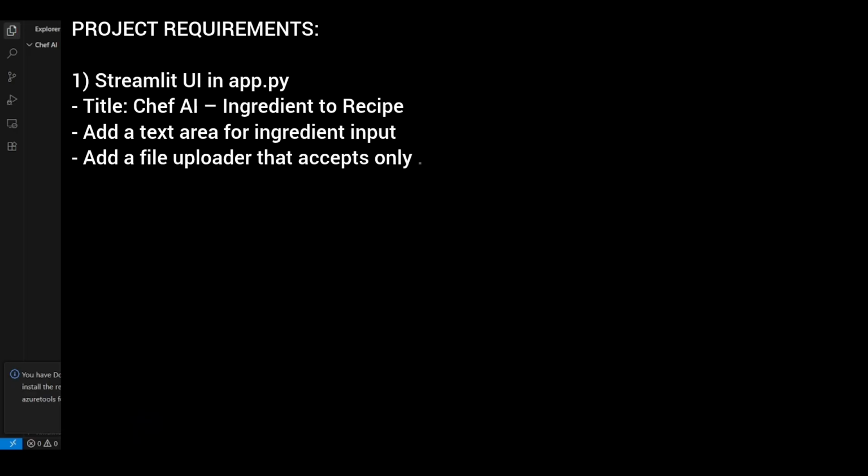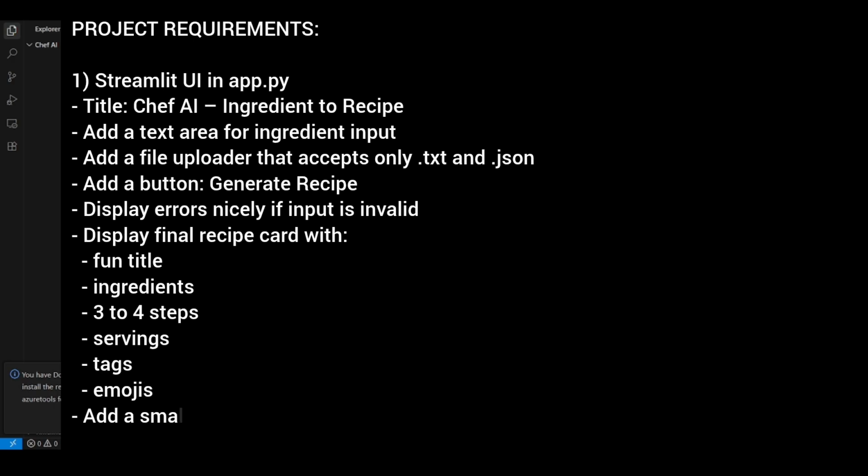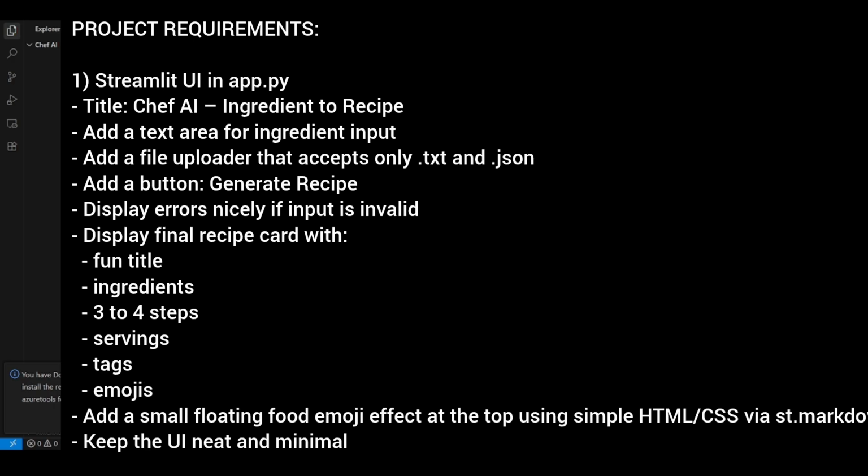I have also given it the requirement that I want to build a Streamlit UI in the app, and the title would be Chef AI ingredient recipe. Then I wanted to add a text area, which would be the text box in my Streamlit file, in which the user can enter the ingredients. Then I also want a file uploader in which the user can upload either a .txt file or a .json file.